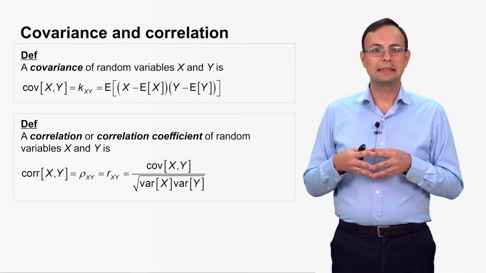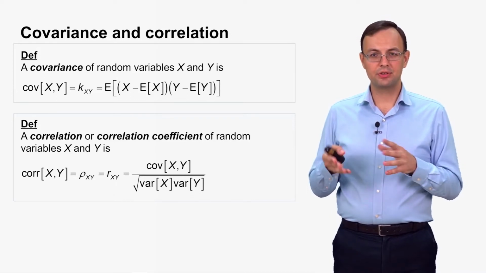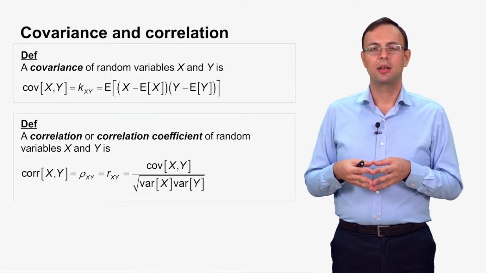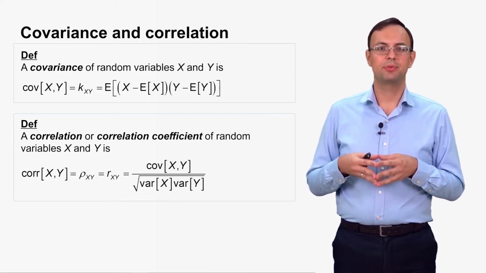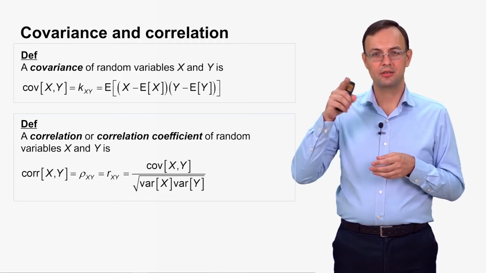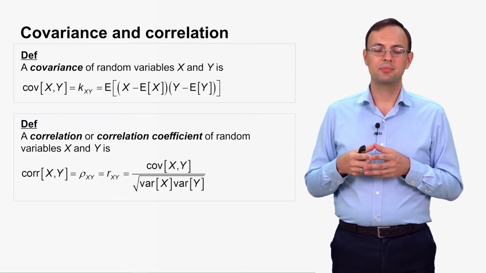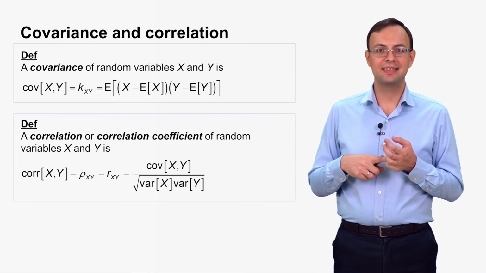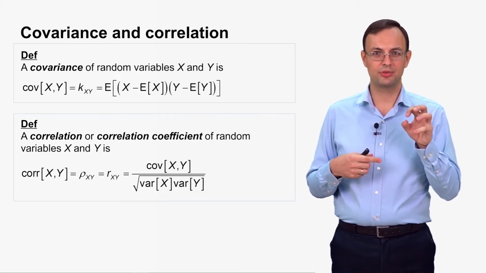So there are different notations used for covariance and correlation. Sometimes they prefer these symbols like cov and cor. Sometimes the letter K is used for covariance, sometimes the letter C, the first letter of the word covariance.